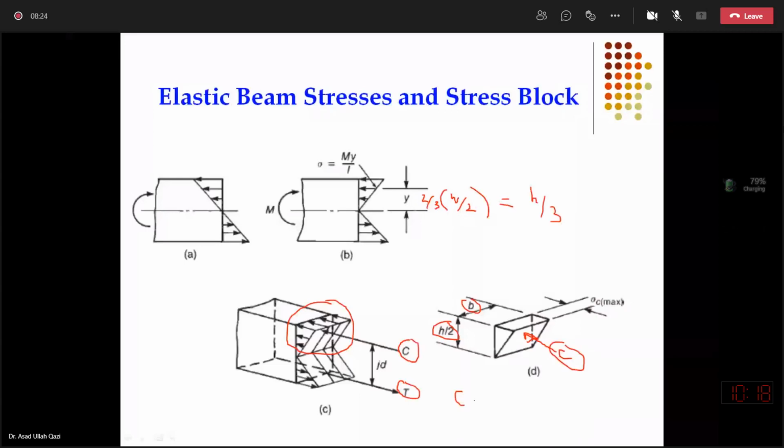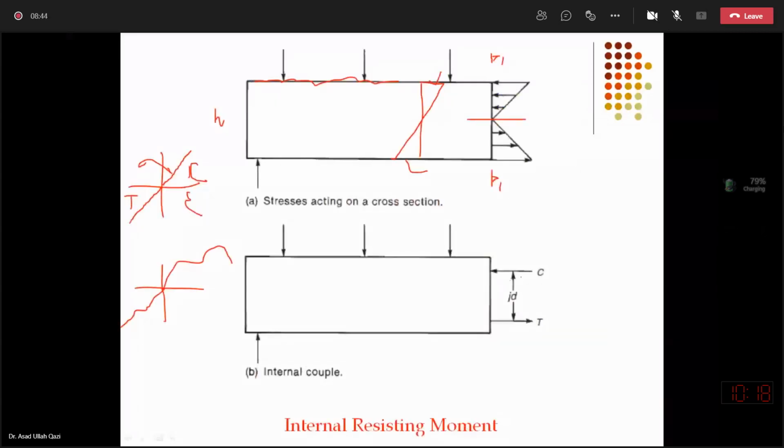C will be equal to T, and the lever arm in between will be h/3 from this and h/3 from below, so in total it will become 2h/3. So this is what is shown here, that there is an internal resisting couple between compression and tension on this homogeneous elastic beam, and I can determine the internal resistance through T into jd or C into jd, because both T and C are equal.